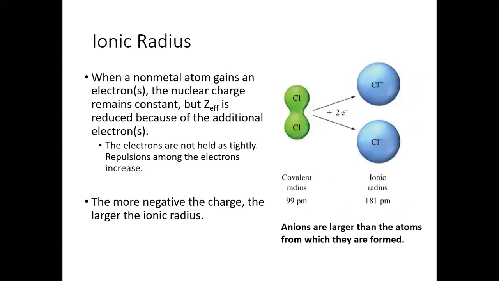So when a nonmetal gains 2 electrons, the opposite happens. Because there are more electrons, it's harder for the protons to hold all of these together. So they kind of spread out a little bit. So anions, or negative ions, are larger than the atoms.